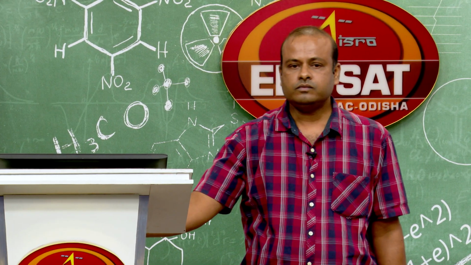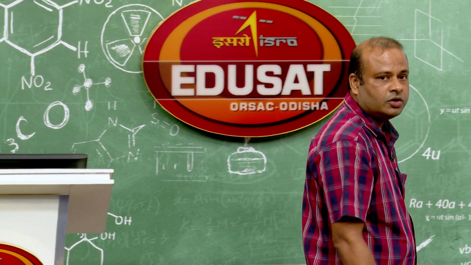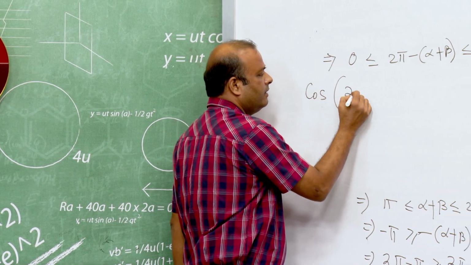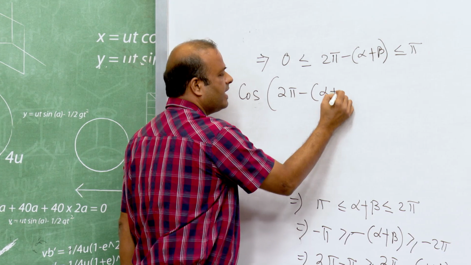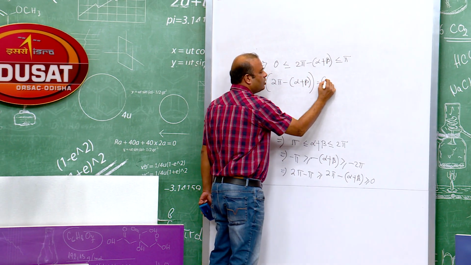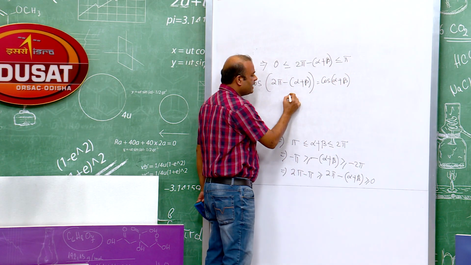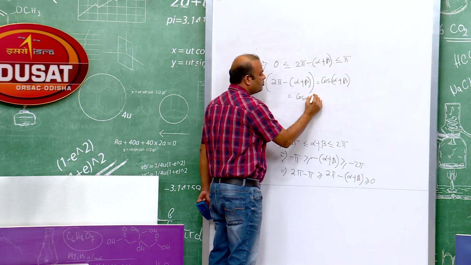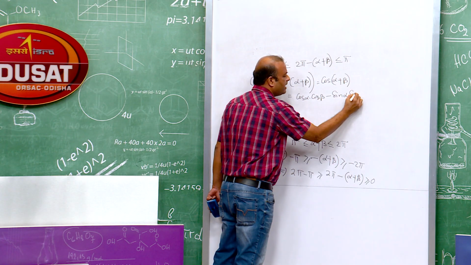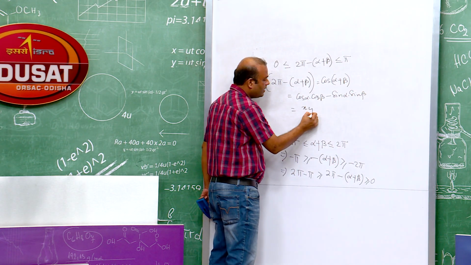So, taking cos both sides, cos of 2 pi minus alpha plus beta is equals to cos alpha plus beta. So, you can write it as cos alpha into cos beta minus sin alpha into sin beta. You know cos alpha is your x and cos beta is your y.